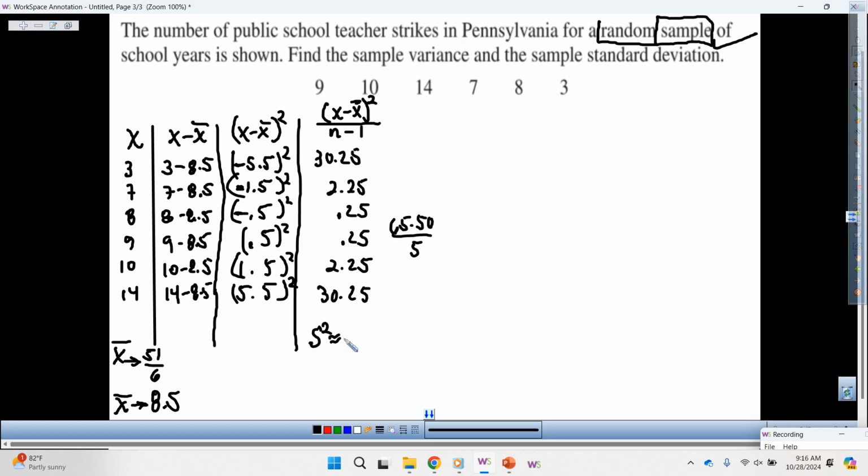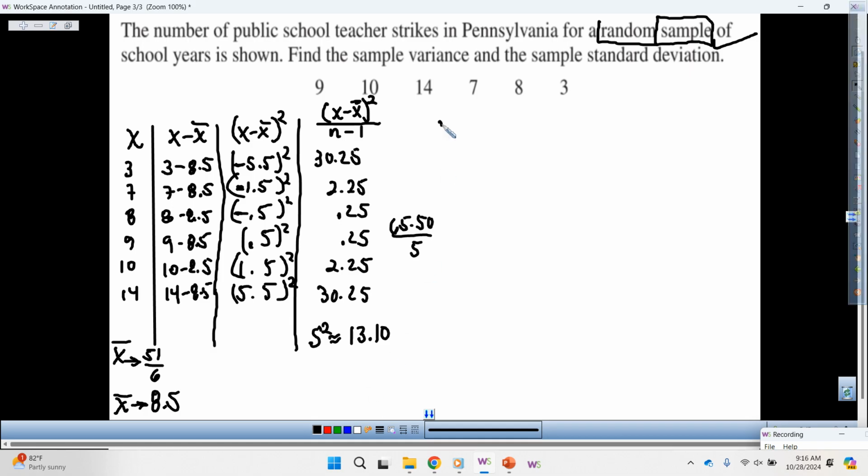So my variance for the sample is... let's see, 0, 1, 1. Oh, my bad. 13. 13.10, is that correct? All right.